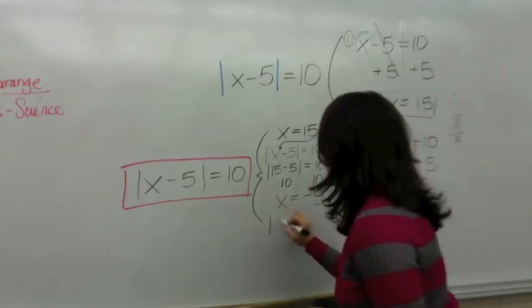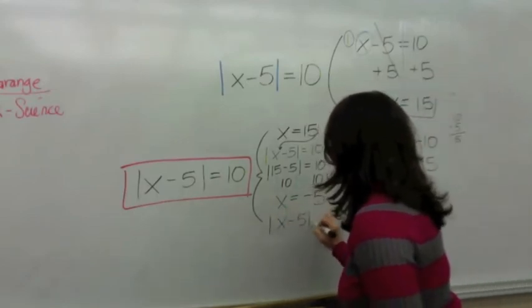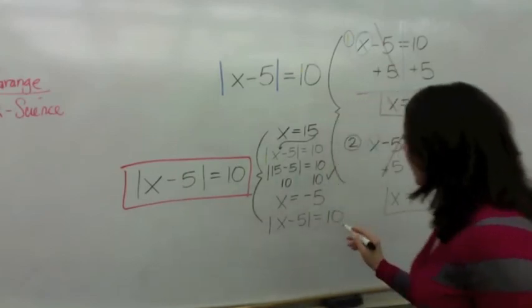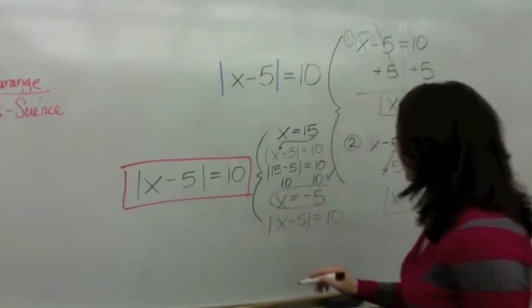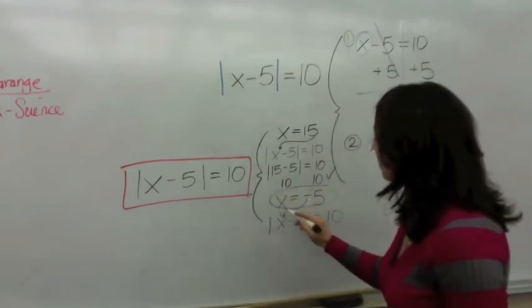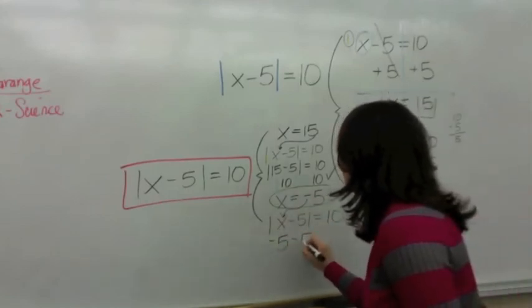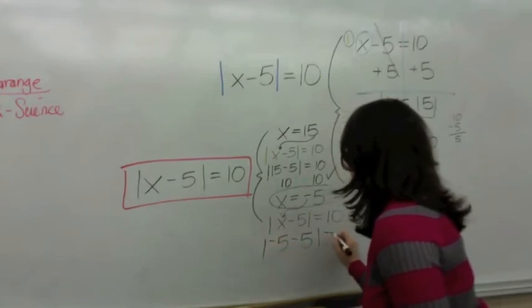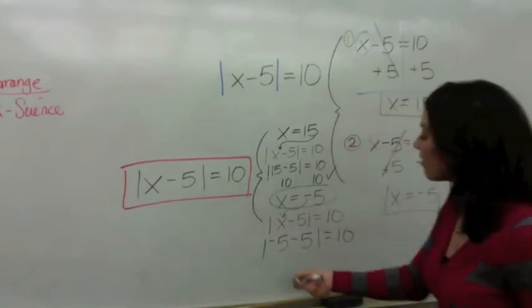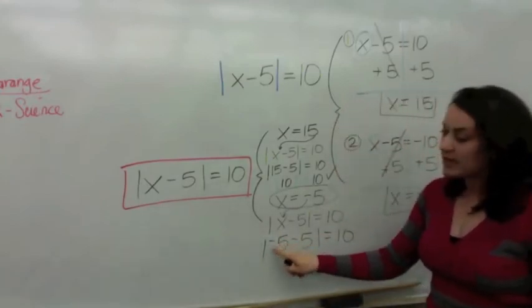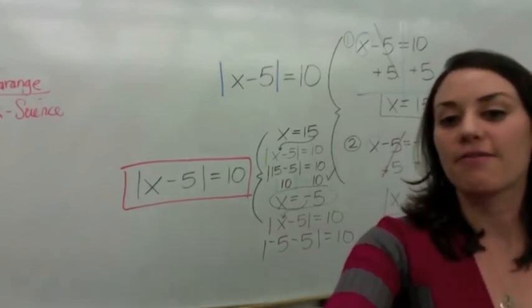The absolute value of x minus 5 is 10. Now we're going to plug in negative 5 where x is. So this becomes negative 5 minus 5 in absolute value is 10. So now you have a situation where you have a negative 5 and a negative 5.